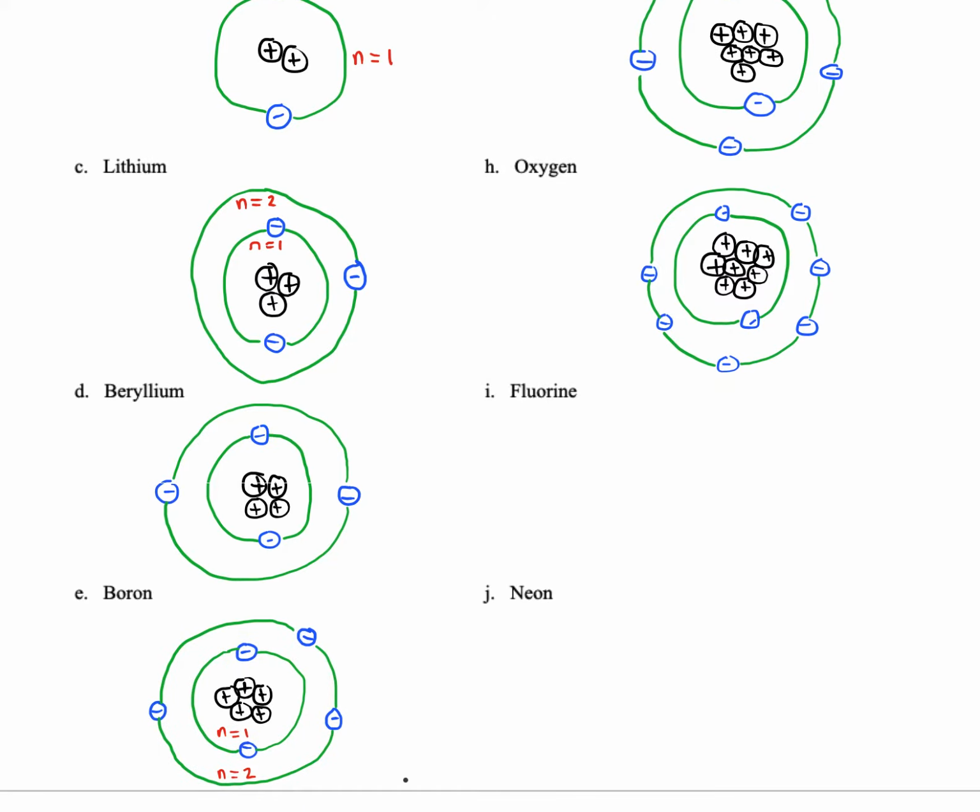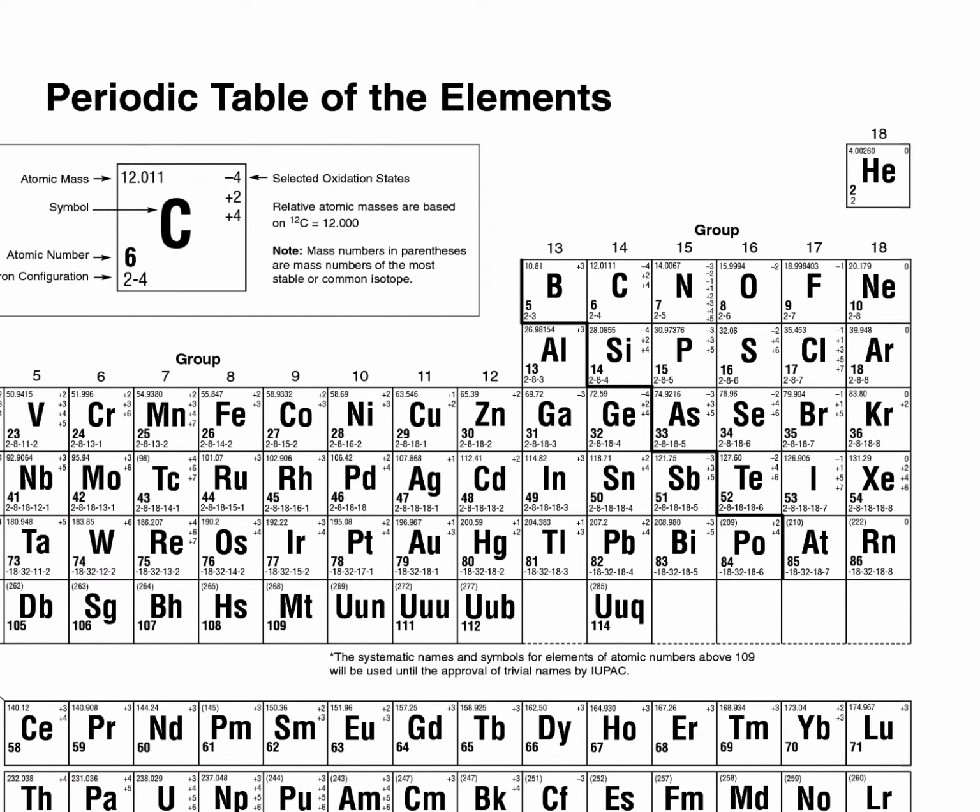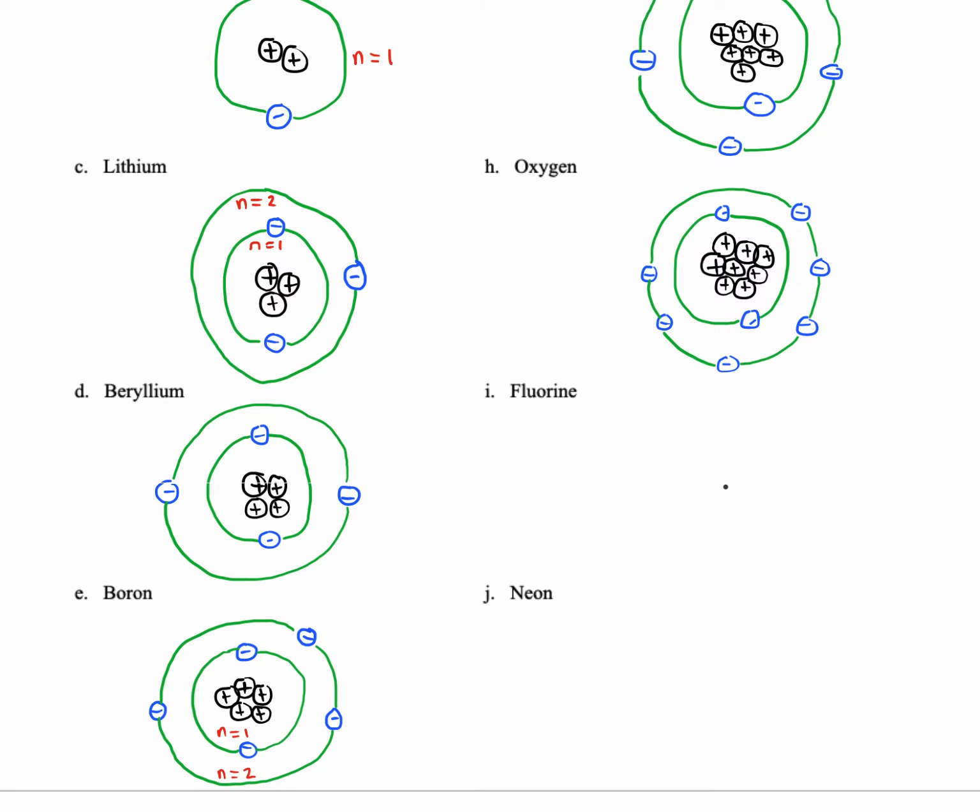If you look at the periodic table, you can see that fluorine is the second to last element there. It's got 9 protons. And we'll do 7 electrons in the outer shell.